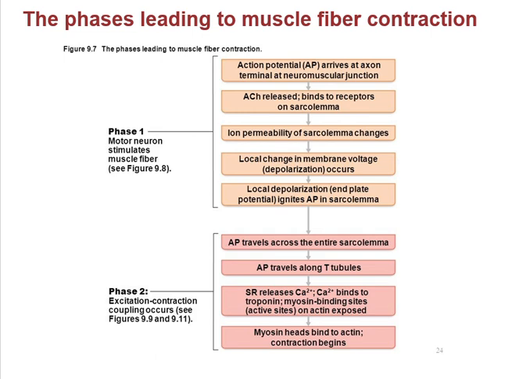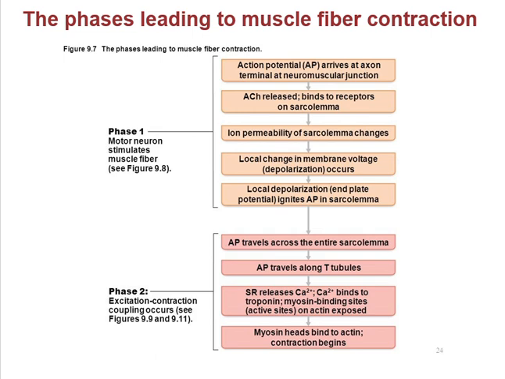All right, phase 2, excitation-contraction coupling. So now we're going to take this action potential that has arrived in the sarcolemma and see it move. We're going to see it propagate. And the action potential is going to travel across the entire sarcolemma of the skeletal muscle fiber. And it's going to travel from the sarcolemma then to the T-tubules because the sarcolemma and T-tubules are connected.